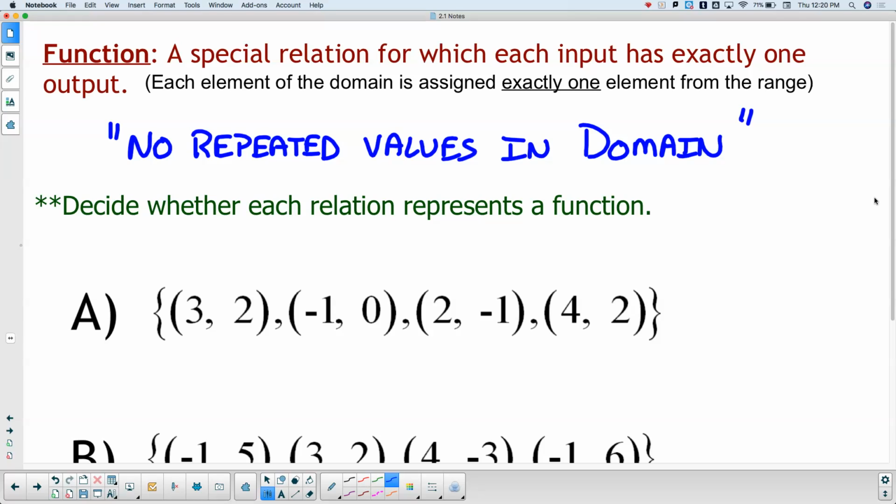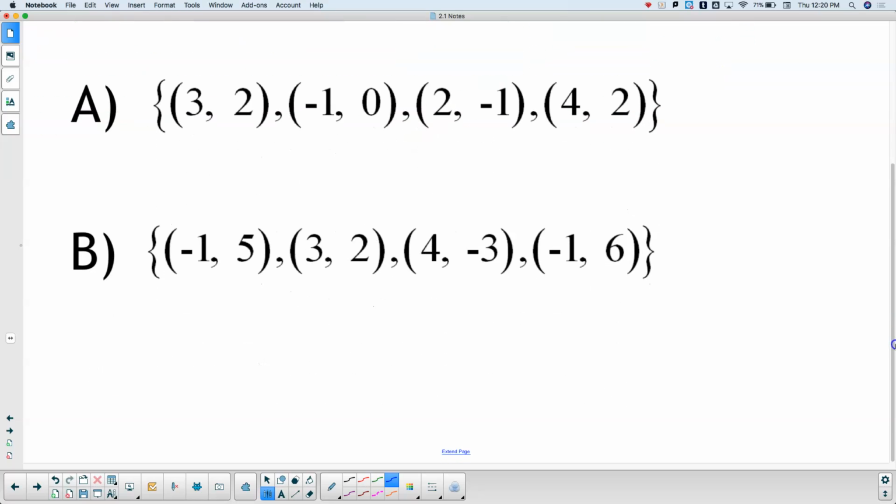Decide whether each relation represents a function. Yes or no for A. Is that relation a function? Nikki B? Why? No repeated numbers in the domain.